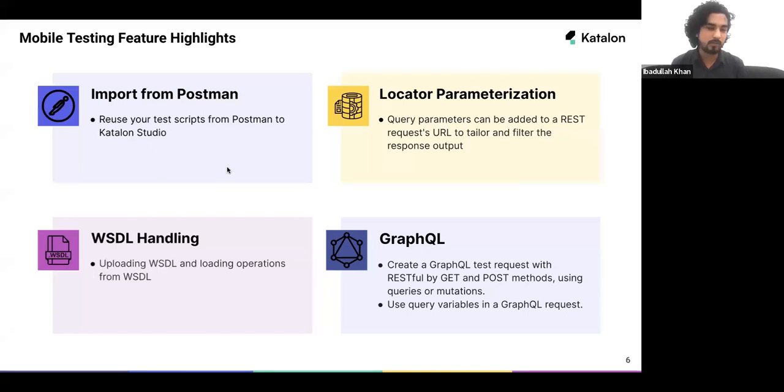It covers all the query and mutation features of GraphQL, and you can utilize everything you want with this feature. So this is a short recap, and I think there are some other questions which we can look into.